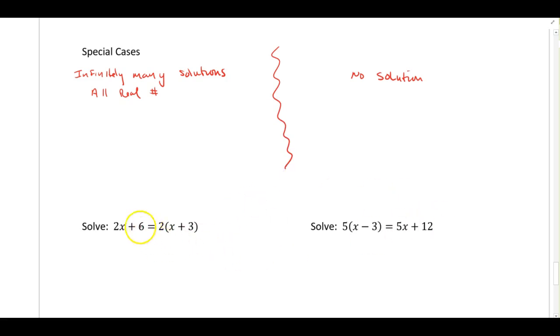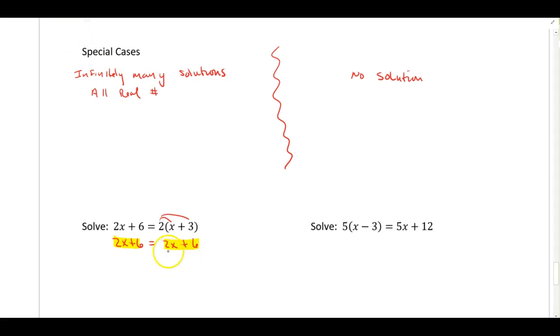Alright? Now, if I look at the first example here to solve, I'm going to go ahead and solve this like we just did. I'm going to go ahead and distribute, right? 2 times x is 2x, 2 times 3 is 6. Now, what you should notice right away is the left side is exactly the same as the right side. And when that happens, no matter what value of x you plug in the left side, the right side will always be the same.